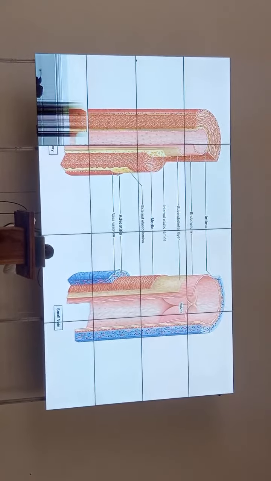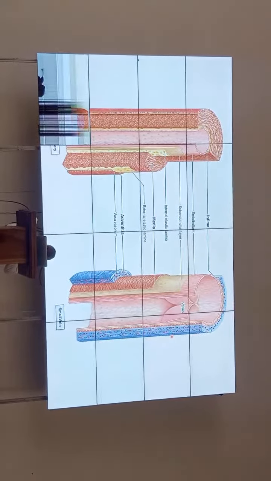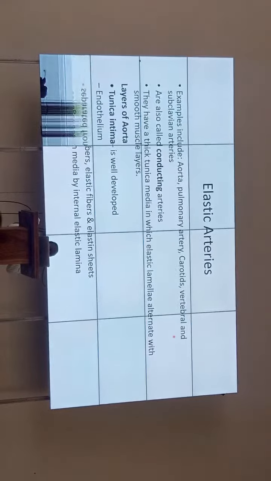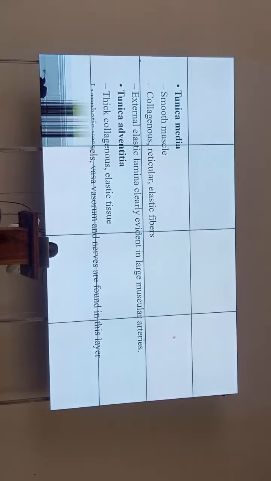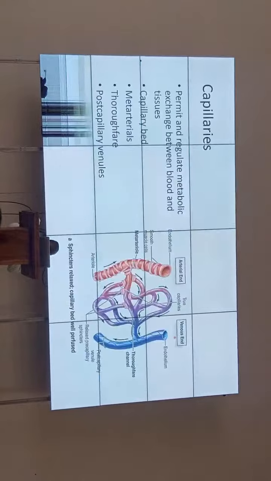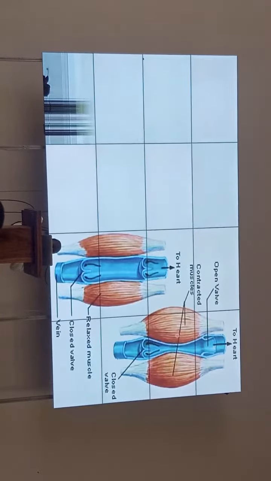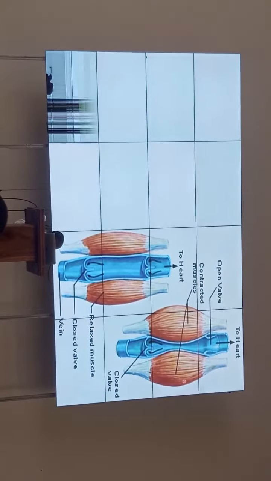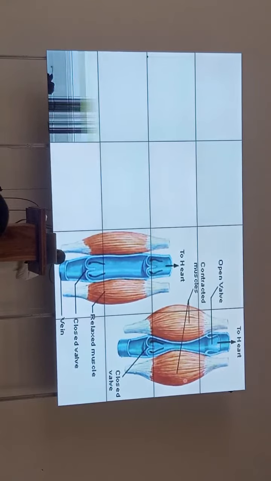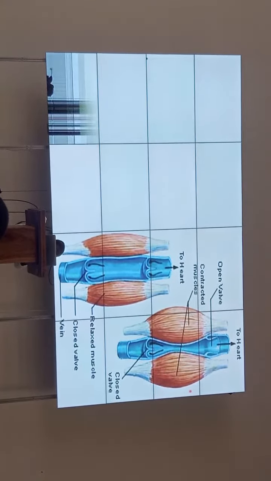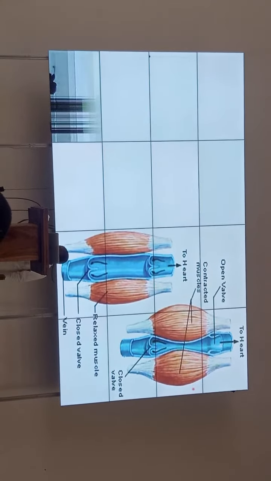Okay. In addition, there are different types of veins. There are superficial veins and deep veins. For the deep veins, they are surrounded by muscles. So as you are doing different activities, for instance, we encourage you to walk when you are sick.